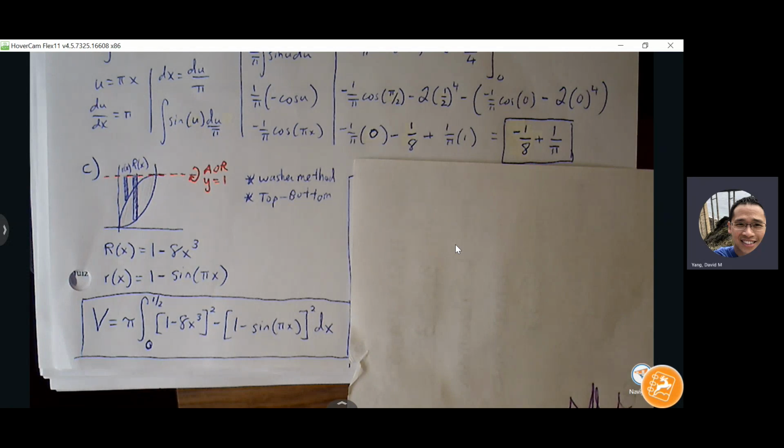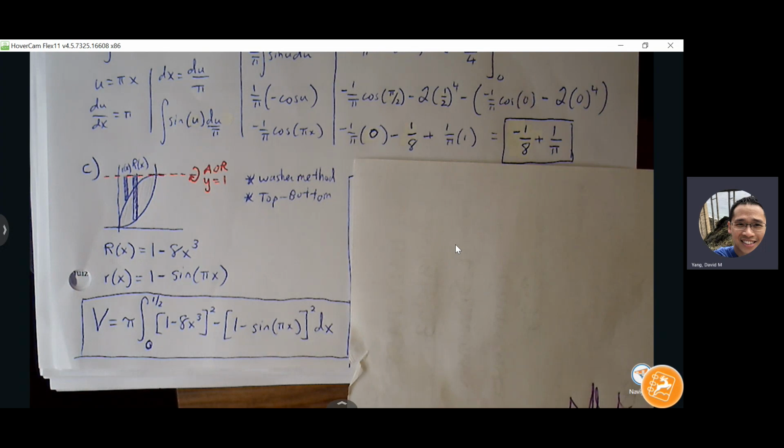So for part C, rotating around a horizontal axis, there are no flat surfaces on this shaded region, so there's no chance that this could ever be the disc method, right? Even if it is touching the axis. So we know no matter where the axis is, this is always going to be a washer method problem.